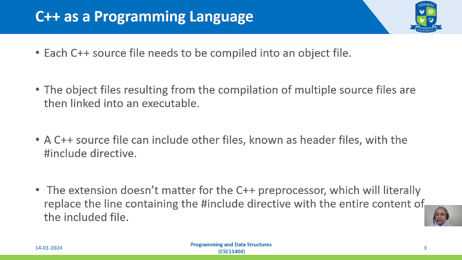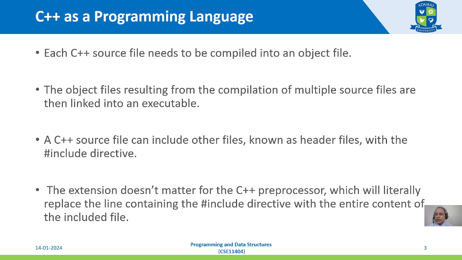Now compilation of both C and C++ is done in a little bit different manner. Compilation of C files is top to bottom and compilation of C++ files is bottom to up. There are some more differences.